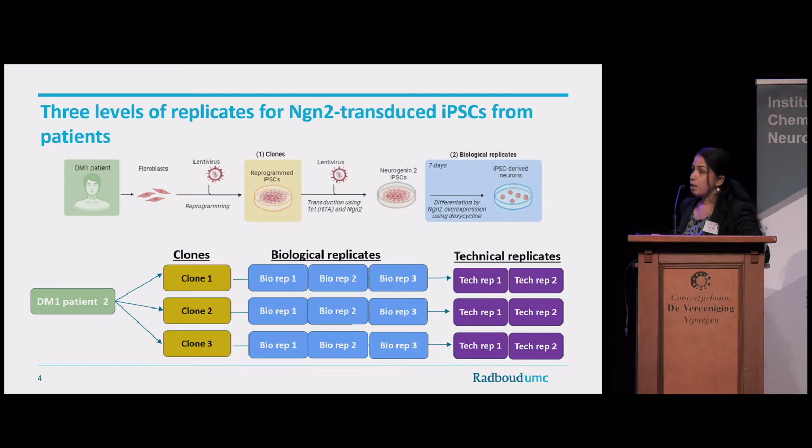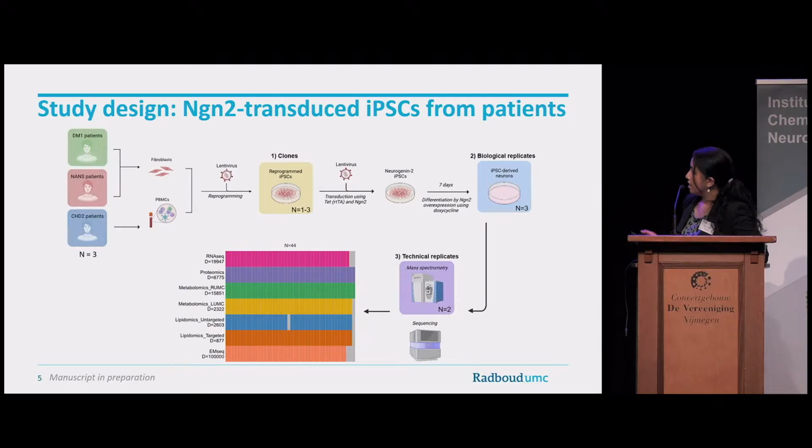For some omics layers, mainly mass spectrometry-based proteomics and metabolomics, each sample was measured twice, so we had technical replicates for these layers. This is how the whole study design looks.